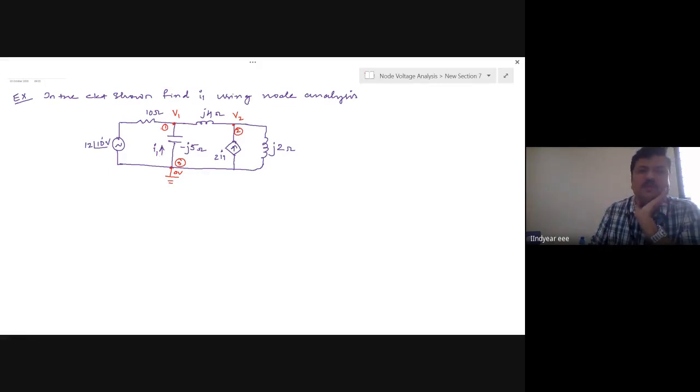Now this is already I1. Let me take this as I2. Let me take this as I3. This as I4. And this as I5. Now apply KCL at node 1.